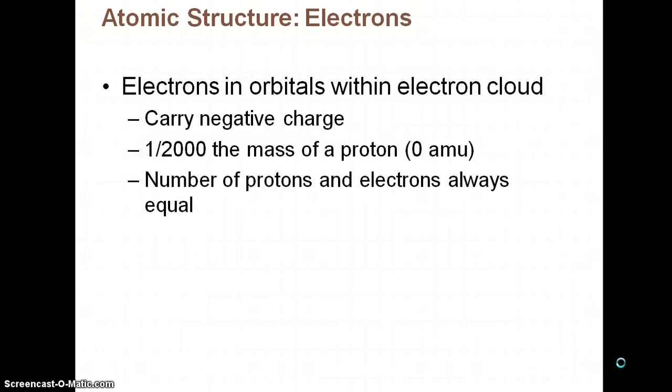Then in the electron cloud, we have different orbitals within that electron cloud. And these are going to be where the electrons are actually orbiting around the nucleus. We're not going to go into the depths of that like you did in chemistry.